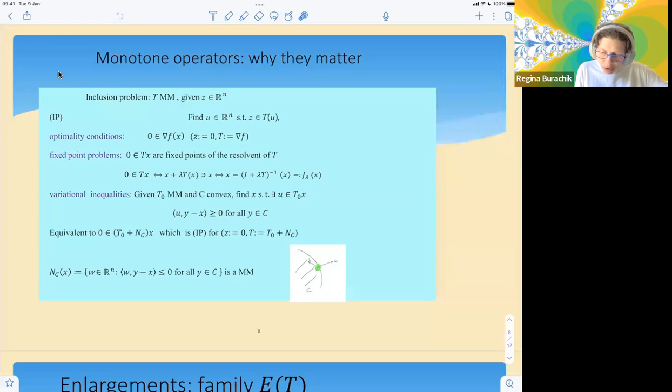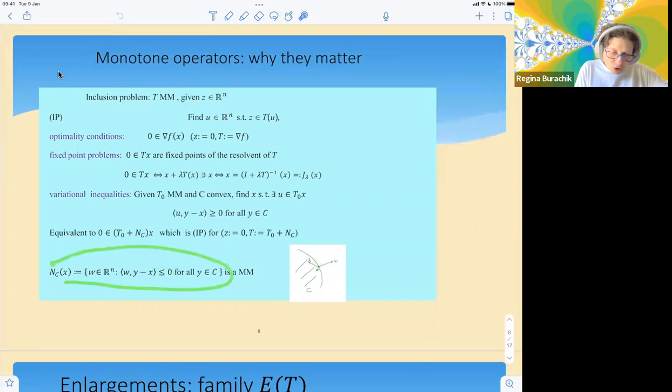What is the normal cone of C at the point x? These are all the directions that point outward from the set with respect to all the directions that point inward. So you form an obtuse angle, and therefore the value of the product is going to be negative.